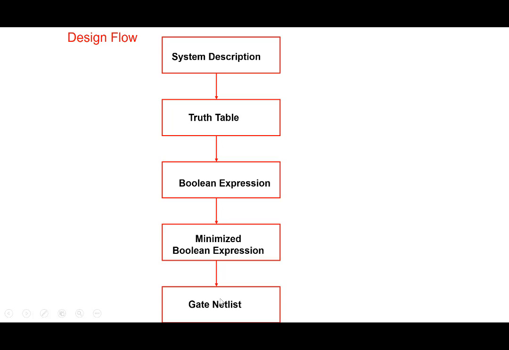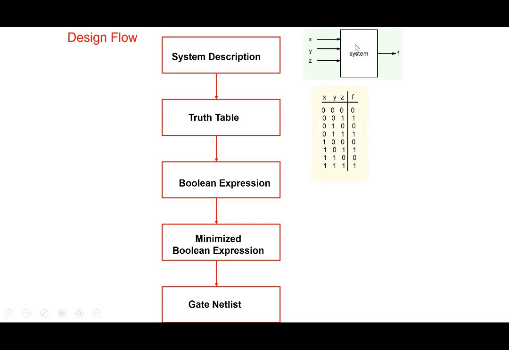And then we convert it into a network of gates. And these network of gates then can be converted into a network of transistors. And we get a digital circuit that would perform the function that this particular system requires here. So for example, the first step in doing that is to identify what the inputs to the system are and what the output of the system is.